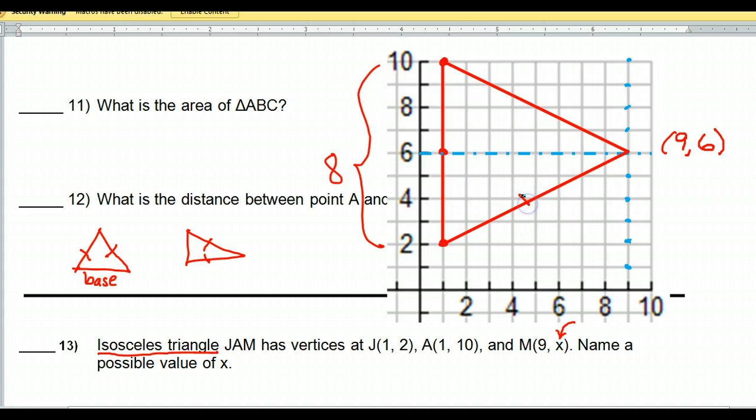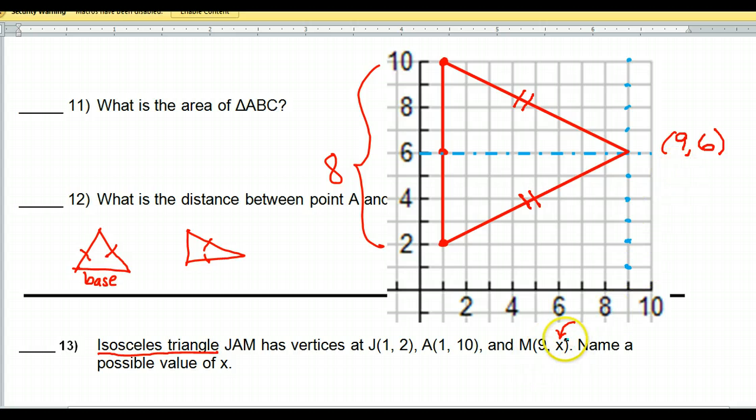And now it will be a nice isosceles triangle because the vertex is right on the axis of symmetry. Everything is nice and balanced, 4 to the left, 4 to the right. That's what it takes to be an isosceles triangle. It should be right on the axis of symmetry.